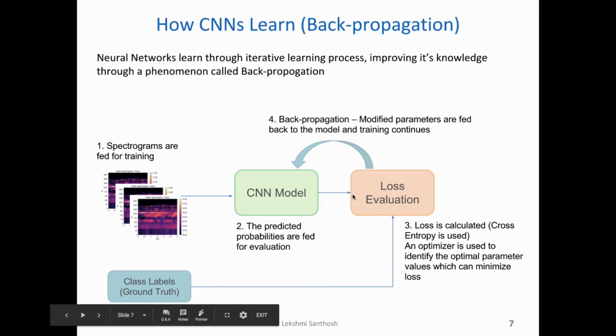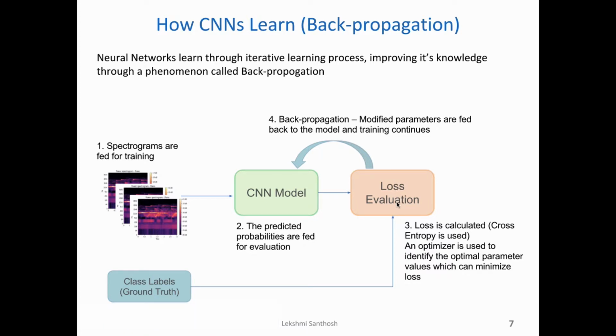And then, based on the evaluation, the loss is passed to an optimizer function, whose job is to find out the most optimized parameters for which we have minimal loss. So based on the optimizer inference, the parameters are adjusted, and that process is called backpropagation.